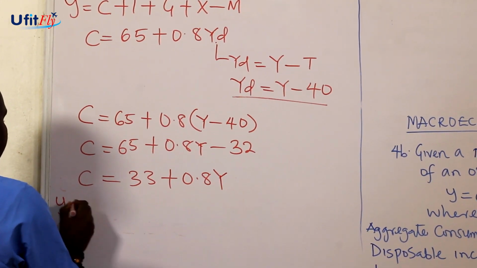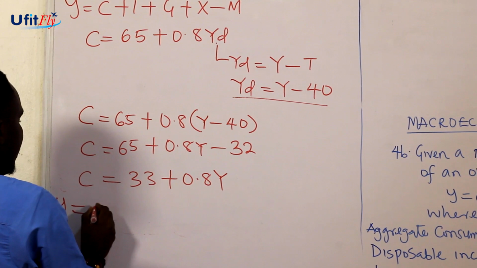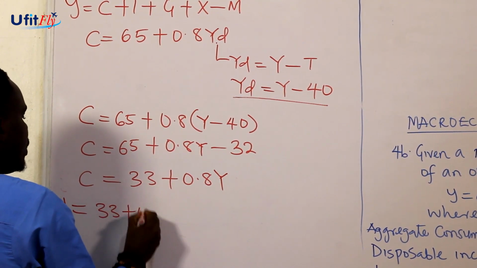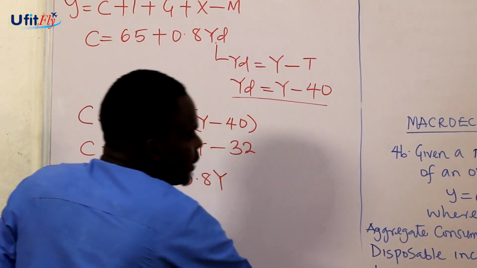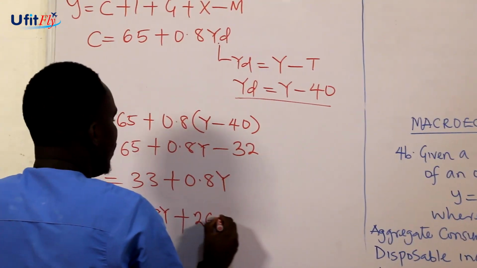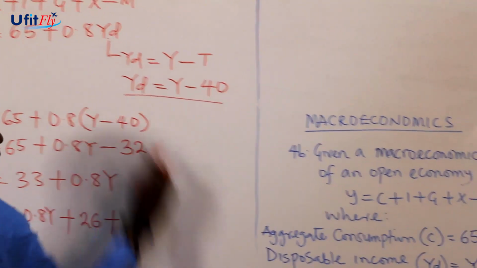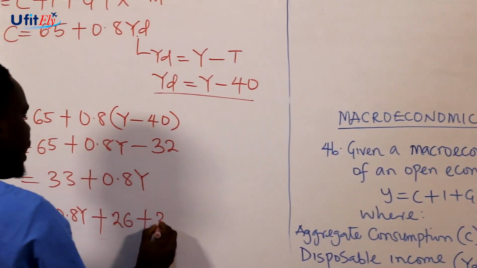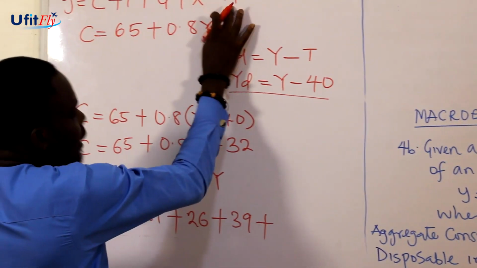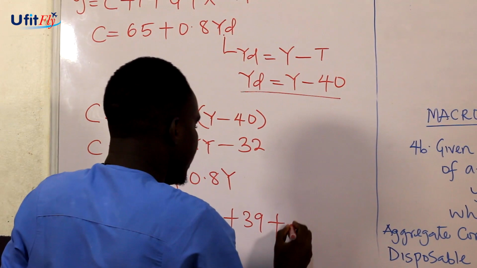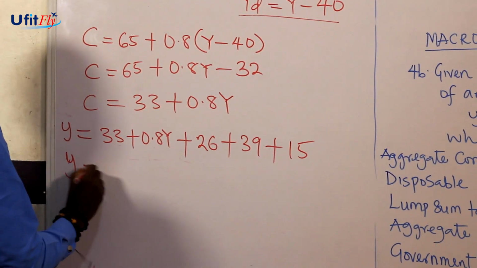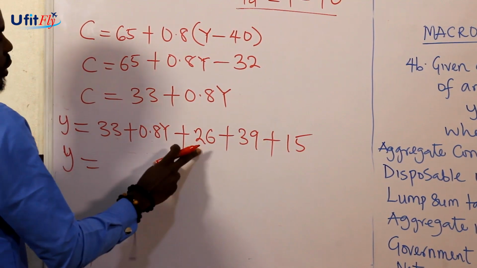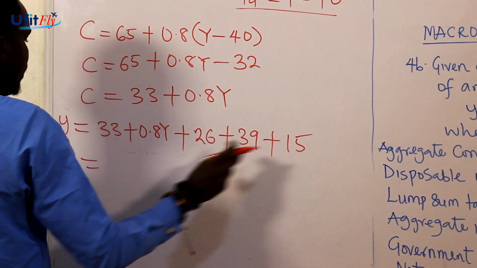Therefore, we have Y equals C, which is 33 plus 0.8Y, plus investment, which is 26, plus government expenditure, which is 39, plus net export, which is 15. Therefore, Y is 33 plus 26 plus 39 plus 15.